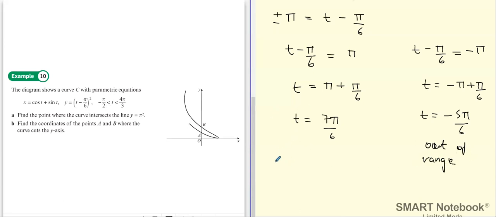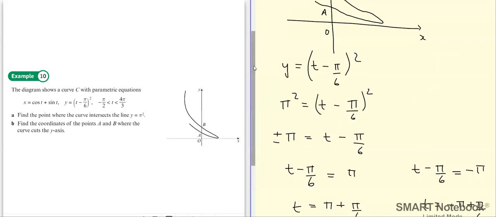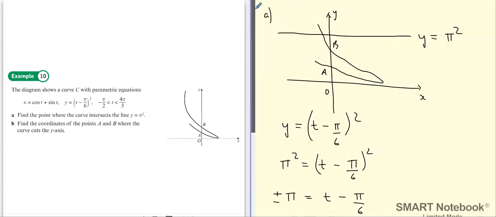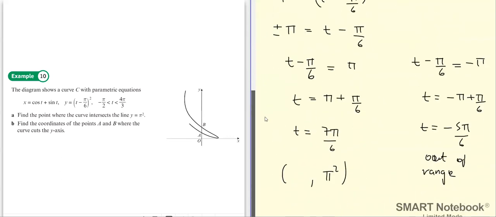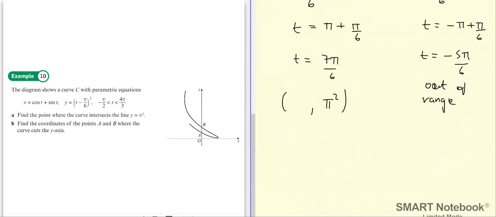Now, we already know the y coordinate of the point must have been pi squared, because the height was y equals pi squared if we go back up to the diagram. We only need the x coordinate. How are we going to get the x coordinate, please?